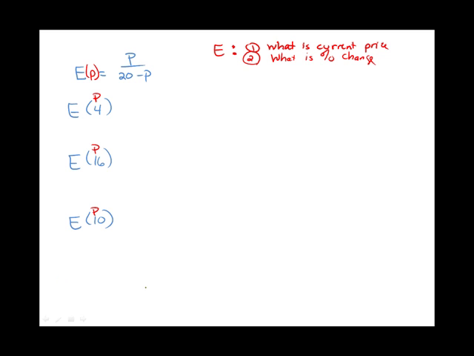All right, so let's find E of 4. We're going to simply plug 4 in. And when we do, we get 4 over 16. Now we could technically stop there, and what that says is for every 16% of change in the price, we're going to see a 4% change in the demand.